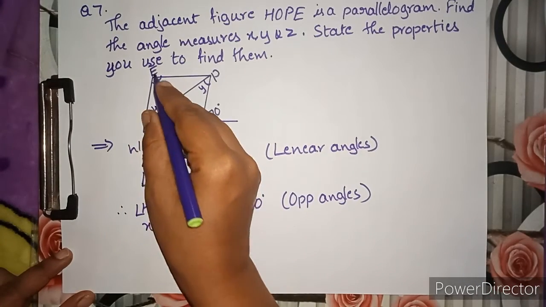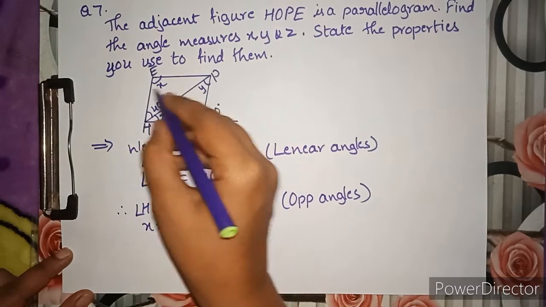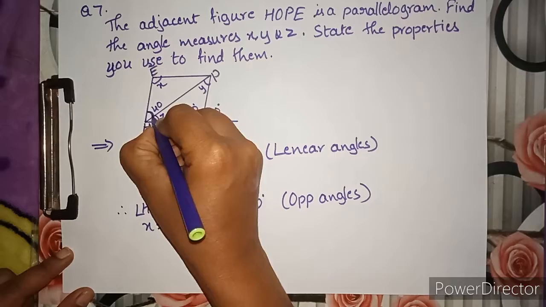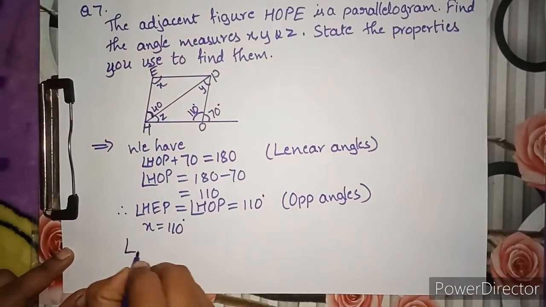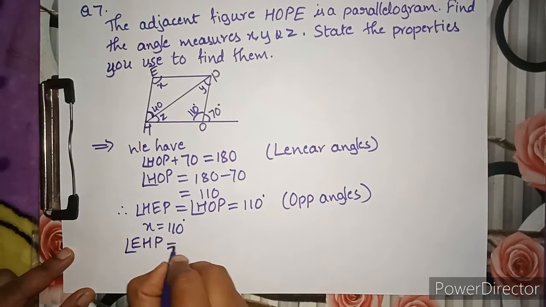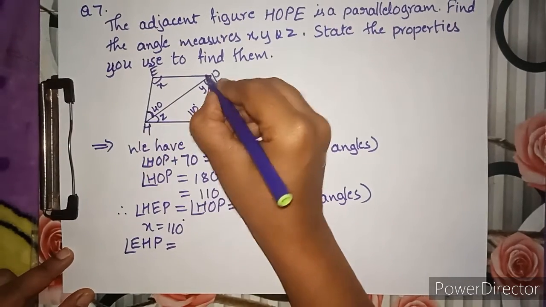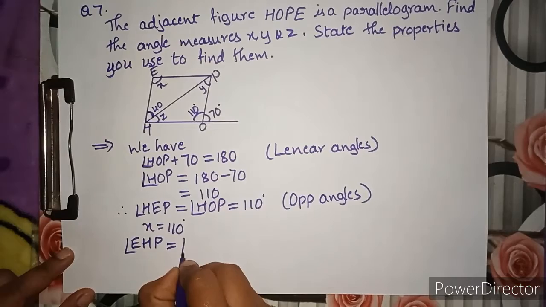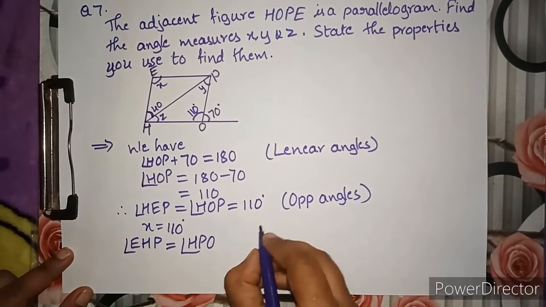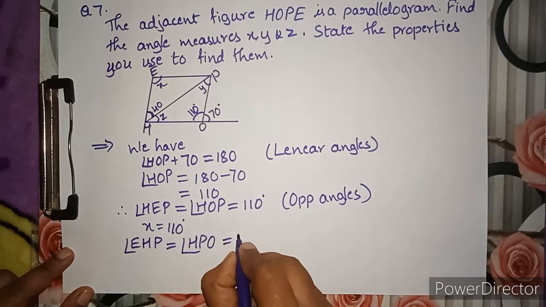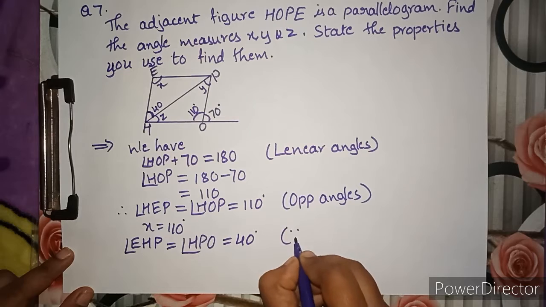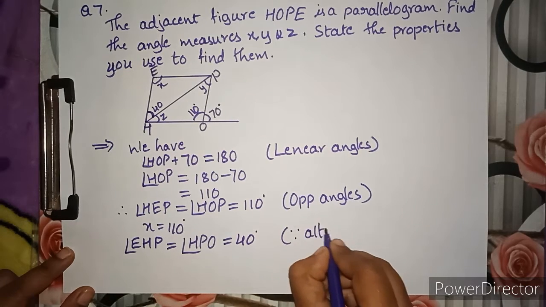Now angle EHP. Observe here, EHP means this angle. Angle EHP is equal to angle HPO. Angle HPO is equal to 40 because of alternate angles.